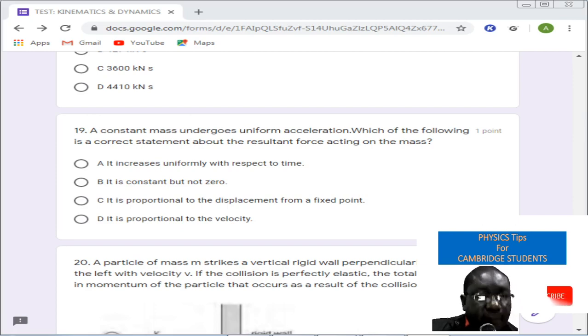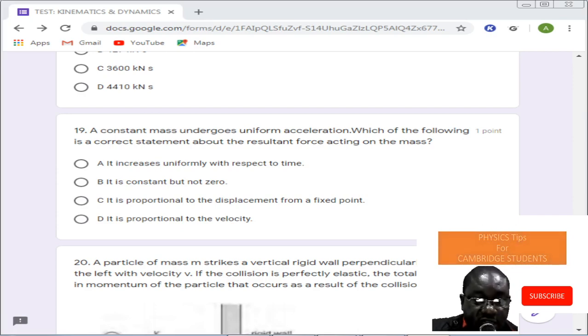Number 19. A constant mass undergoes uniform acceleration. Which of the following is a correct statement about the resultant force acting on the mass? It increases uniformly with respect to time. So if it is uniform acceleration, the resultant force must not change, because remember we said resultant force is directly proportional to acceleration.